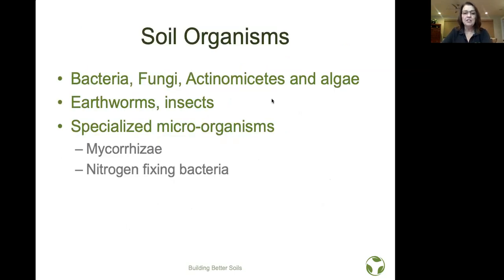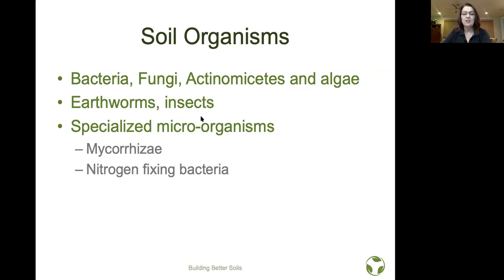So there's all sorts of different kinds of organisms. Bacteria are super, super important, especially if you have a clay soil, because that's what will give you good soil structure. As they utilize the organic matter, which is their source of carbon in the soil, they will form those macro aggregates, and then the fungi, actinomycetes, they will help form the macro aggregates.